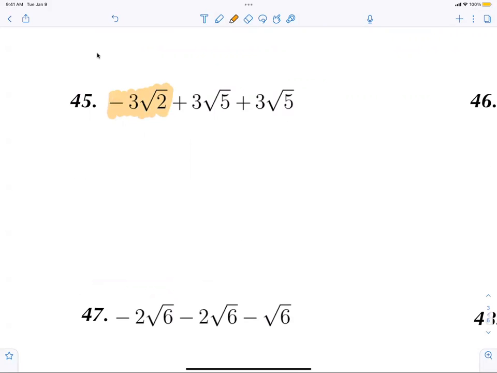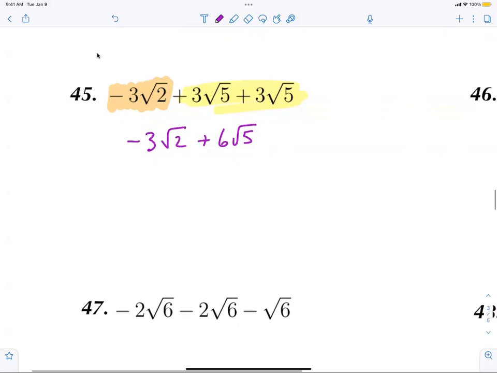No. Can I do anything with these two things? Yes, that's a total of how many? Right, so negative 3 radical 2 plus 6 radical 5. Everybody okay with that? All right, here we go.